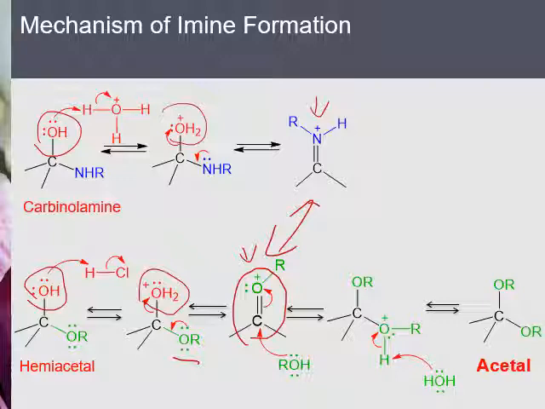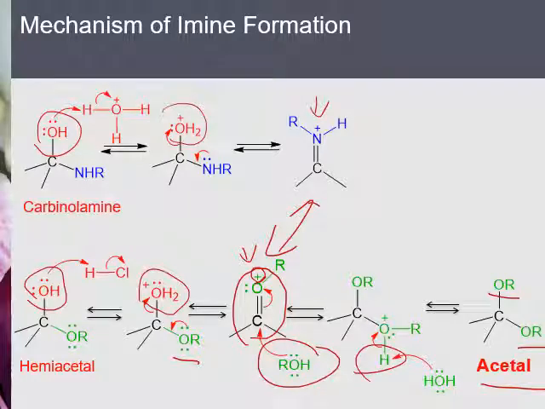In the case of alcohol reaction, the oxygen has a positive charge. The molecule is not stable, which can be stabilized by the second attack. Second alcohol attack followed by deprotonation gives you a neutral molecule, acetal, where you have 2 alkoxides.